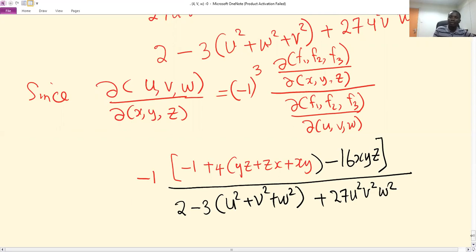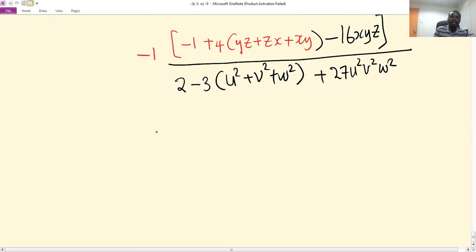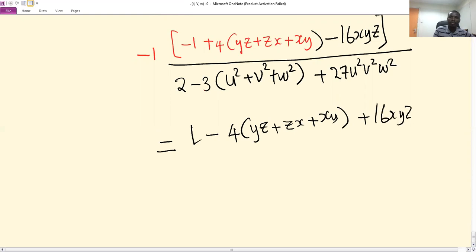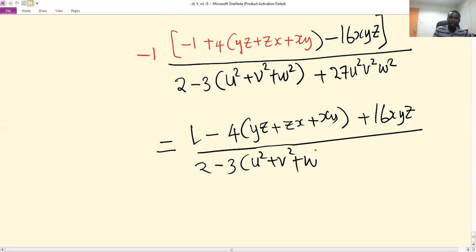So when you open, multiply by the negative sign, we'll have 1 minus 4 into yz plus zx plus xy, now plus 16xyz, over 2 minus 3 into u squared plus v squared plus w squared plus 27u squared v squared w squared.